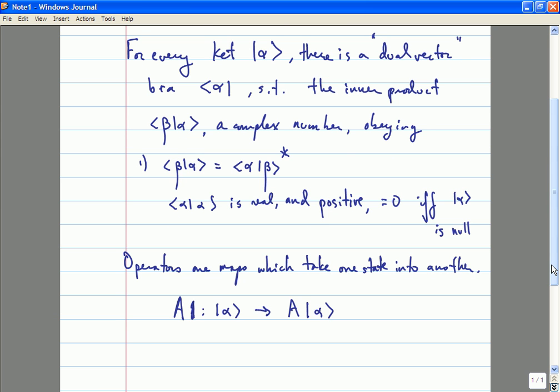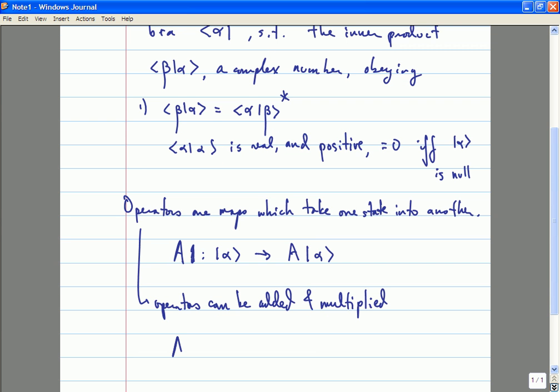And operators can be added and multiplied in the obvious way. So, for example, if you have operators A and B, then you can define the operator A plus B as the operator which takes the state alpha into A alpha plus B alpha.